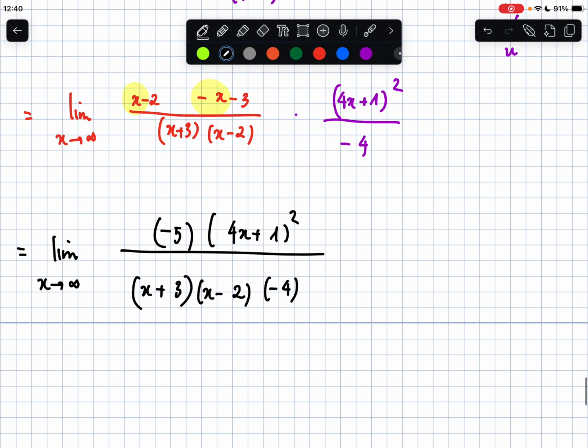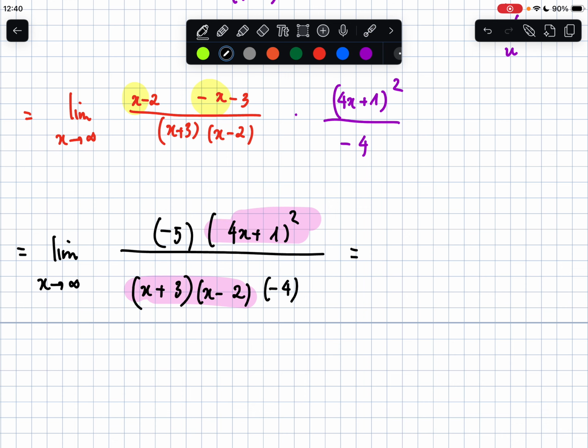Now you see that the degree of this one and the degree of this one are both 2. So the limit when x tends to infinity is the coefficient of x squared here divided by the coefficient of x squared here.